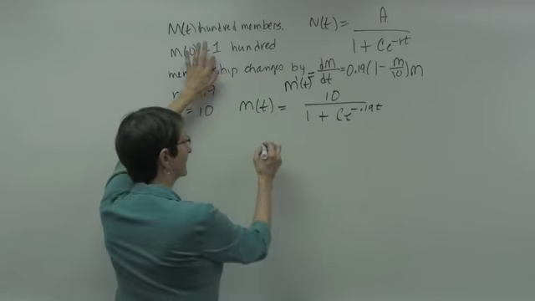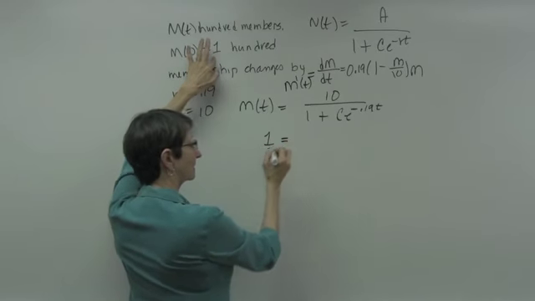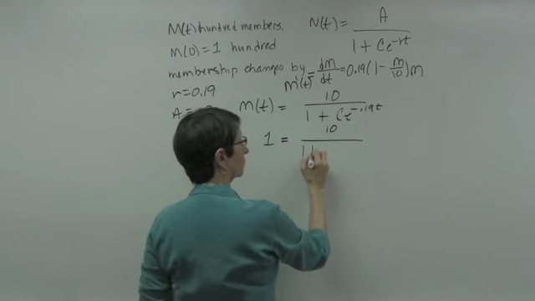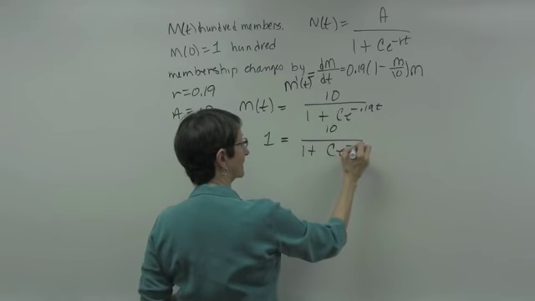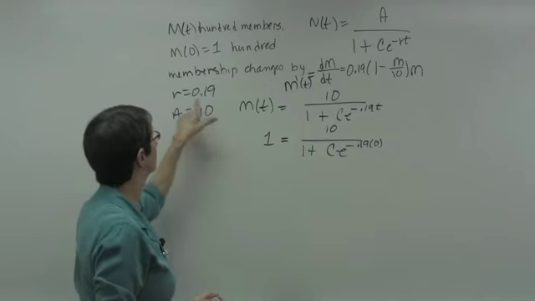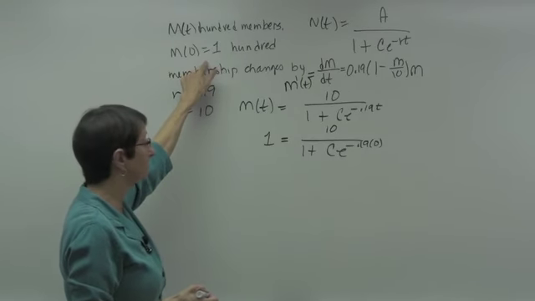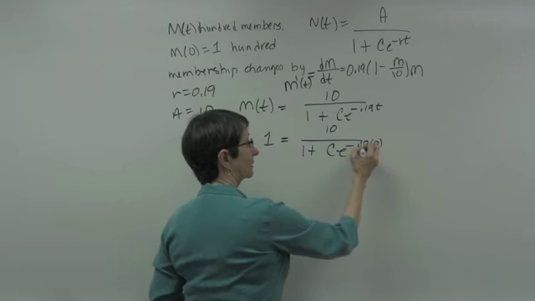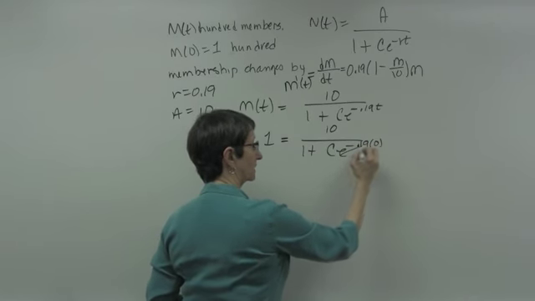So M of 0 is 100, equal to 10 over 1 plus C e to the negative 0.19 times t equal to 0. E to the 0 is 1.